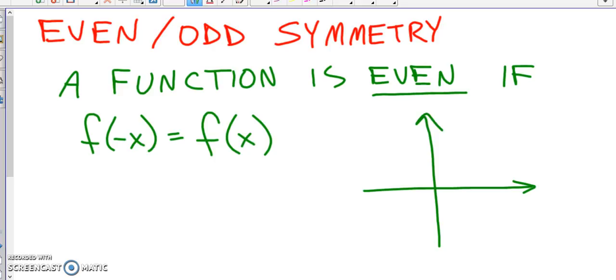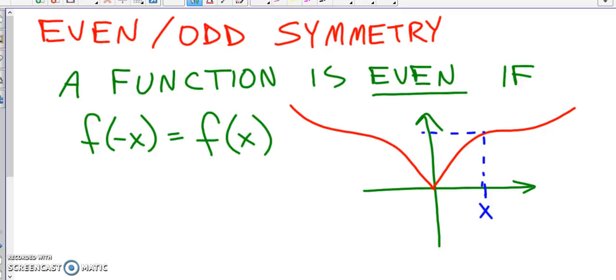And remember, I drew a picture like this. We said that an even function had y-axis symmetry, so that if I came out to some value of x, and some value of negative x, they come out the same.